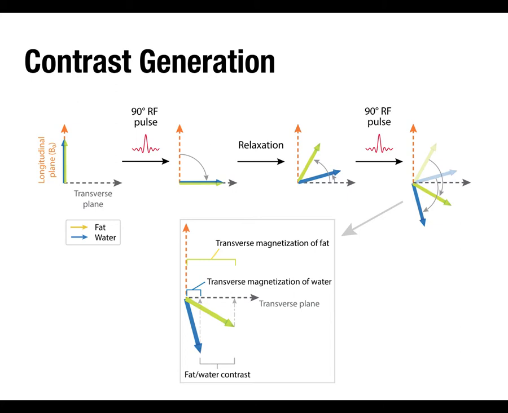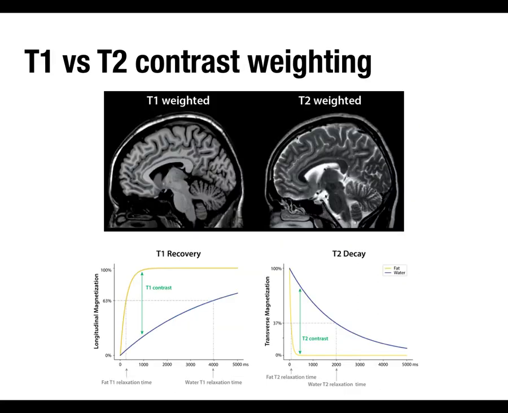And similarly for fat, you get this projection up into the transverse plane. So this is telling us that at this point in time, you're going to have a strong signal from fat and a relatively weak signal from water, just because of where their vectors hit that transverse plane. And that becomes the basis for your image, which then looks something like this.